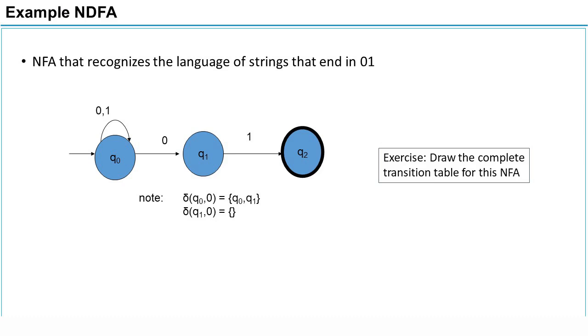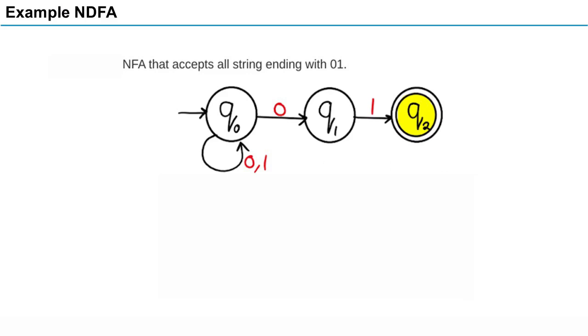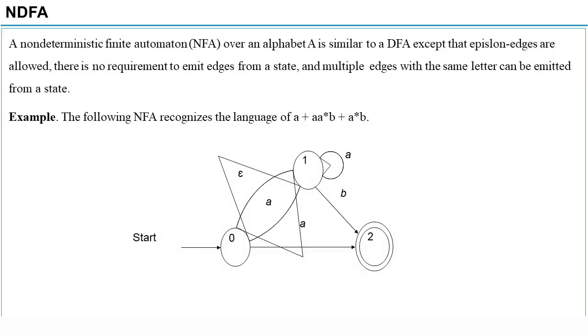When it takes the input 1, it moves to the q2 state. Another possibility is that when it takes the input 0, it also remains in the same state. When q1 takes an input 0, it moves to the null state. Now, this is a representation of an NFA that accepts all strings ending with 0 or 1.